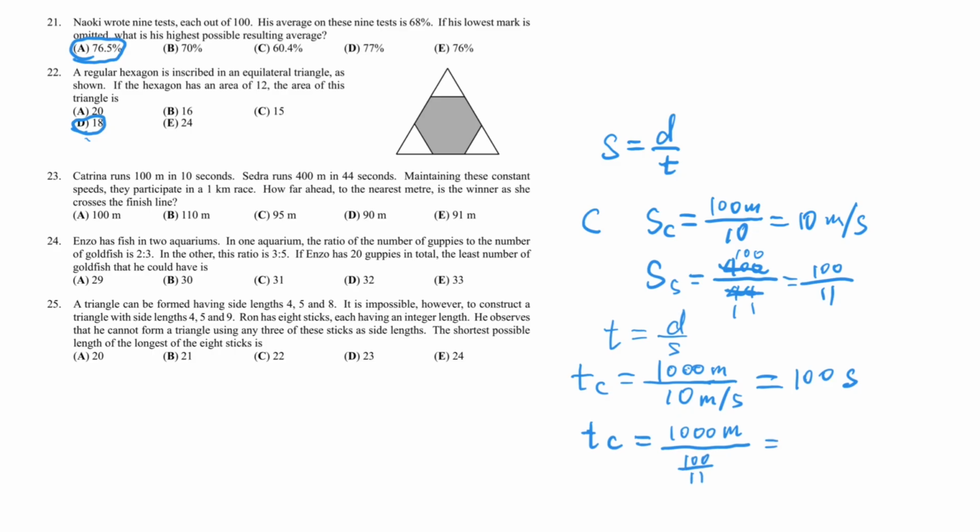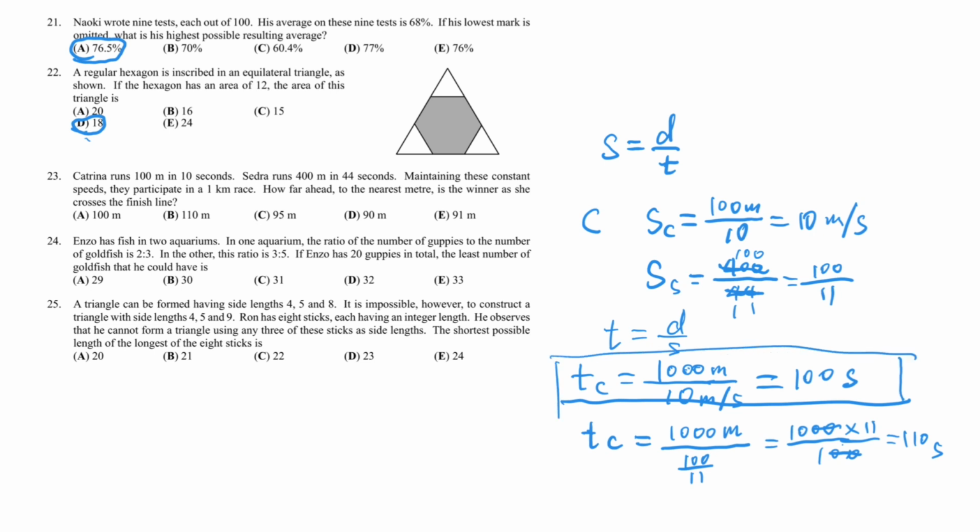Rewrite and simplify as 1000 times 11 over 100. Cancel the 0s, that's 110 seconds. That means Katrina first touches the finish line in 100 seconds.